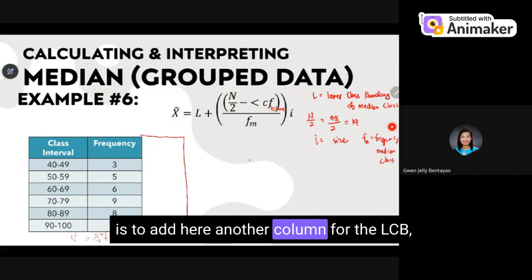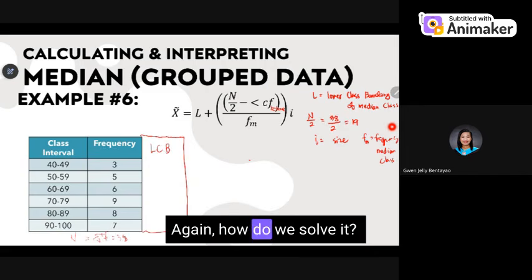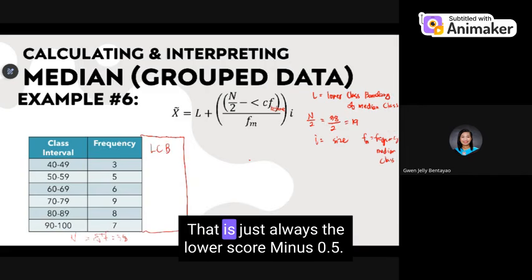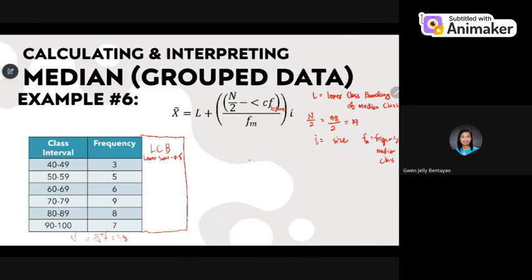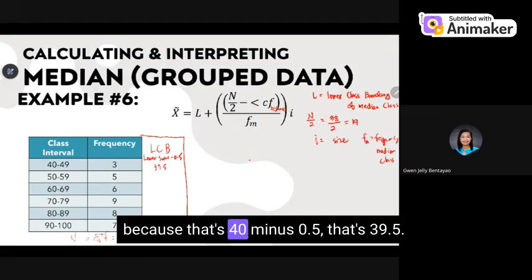With that, the first thing we need to do is to add here another column for the LCB, or again, the lower class boundary. Again, how do we solve it? That is just always the lower score minus 0.5. So for example, we have 40, that becomes 39.5 because that's 40 minus 0.5.